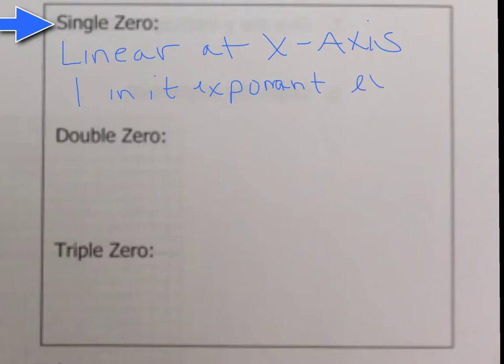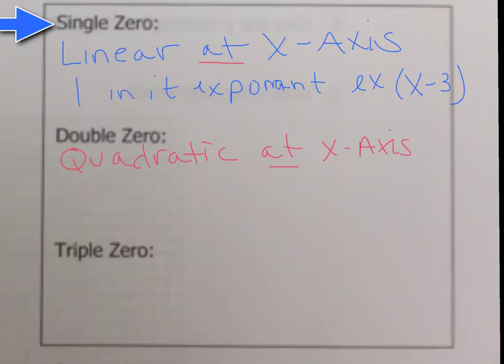For example, that would be like x minus 3. Now a double zero means it is a quadratic, which makes sense, raised to the second power, quadratic at the x-axis. The key word here would be at.